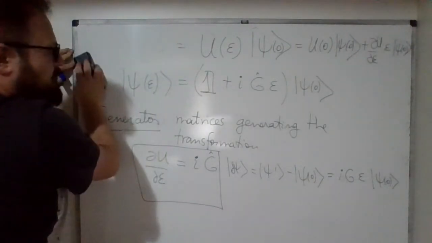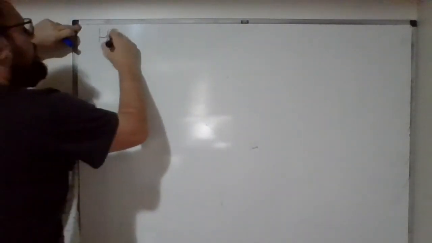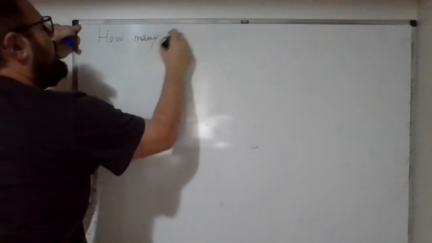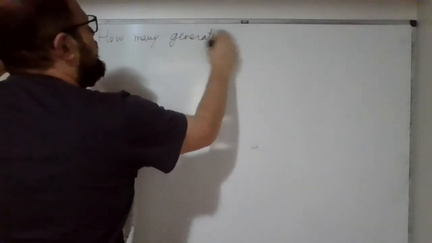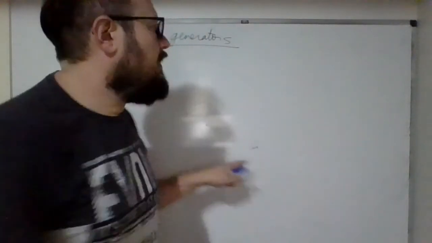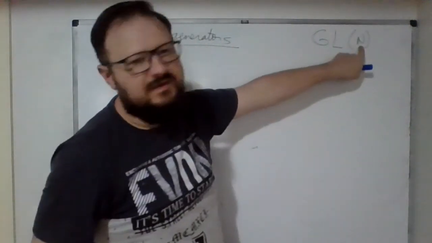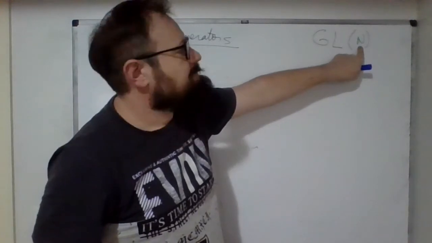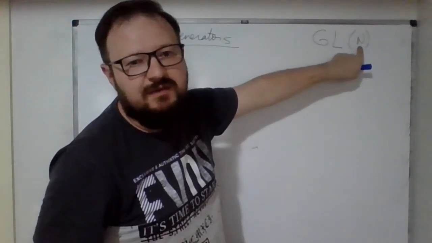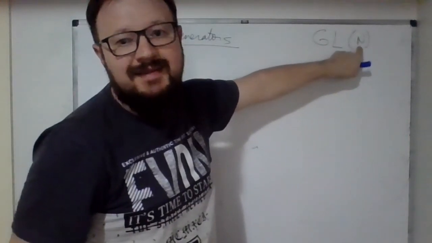All right. Well, another important property is, well, first let me say something. How many generators? I guess the general linear groups are called GL of dimension n, which specifies the dimension of the parameter space, all right? So G for general linear transformations, and n is the dimensionality.